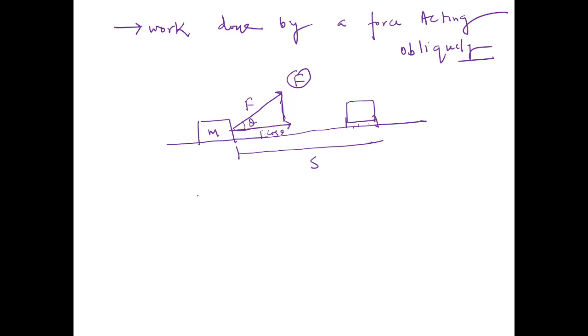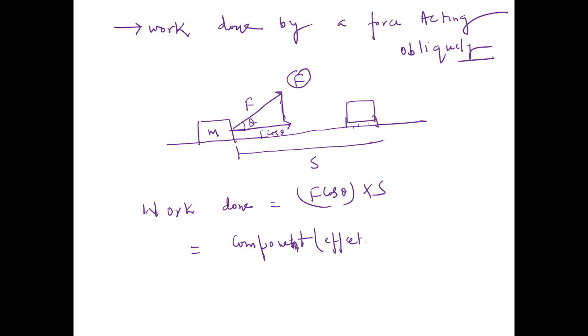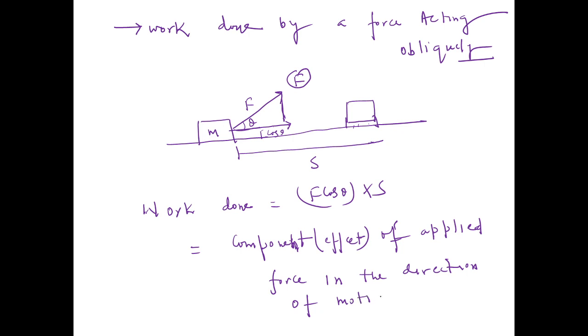So when a force acts obliquely, work done is equal to F cos theta multiplied by s, that is, the component or effect of the applied force in the direction of motion, multiplied by what?